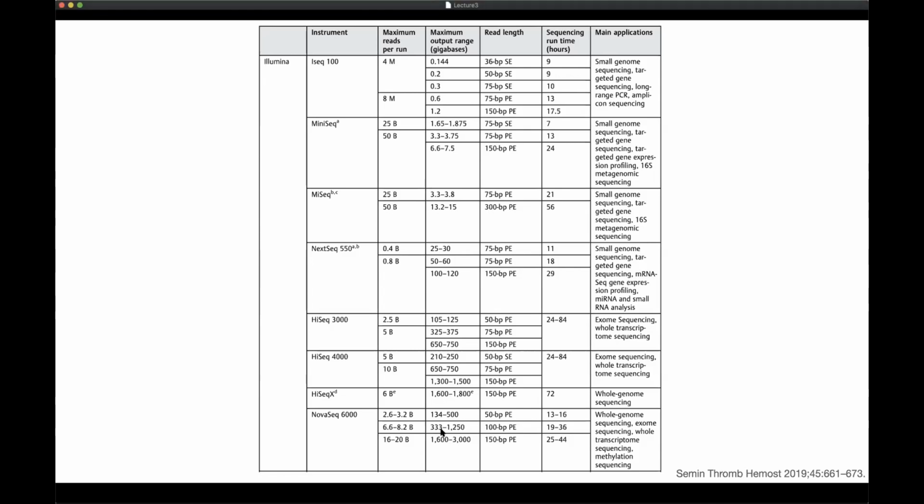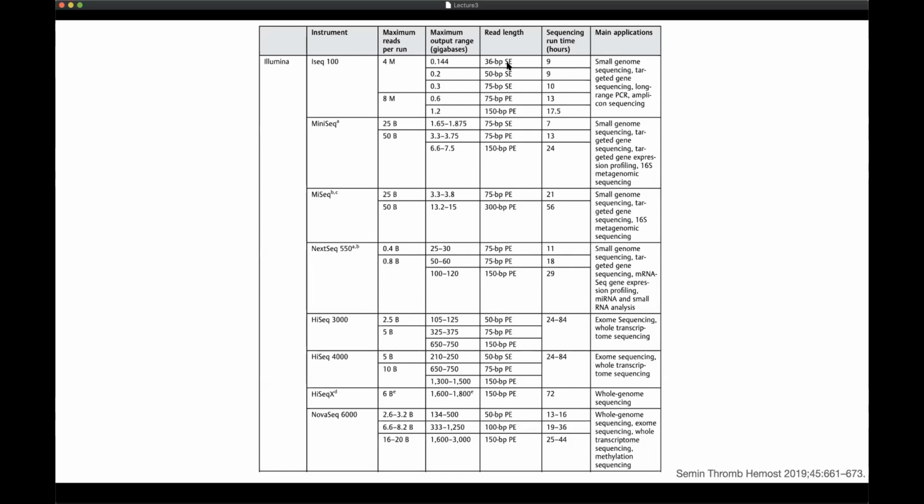To go to the very extreme, this NovaSeq 6000 generates 20 billion reads, which translates to about 3 terabases. So this is now 4 orders of magnitude different. And obviously the applications are also very different. So here it's small genome sequencing, targeted gene sequencing, and so on. And this NovaSeq is basically for large scale human genome sequencing centers.